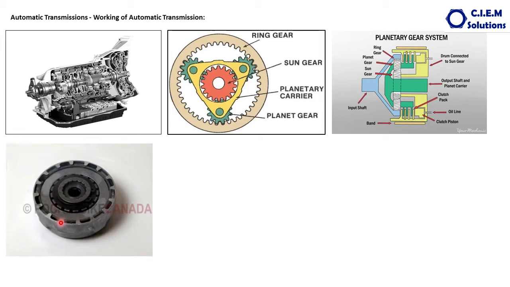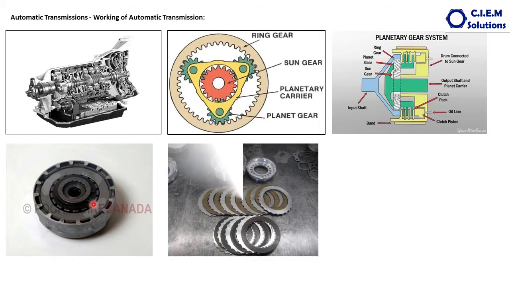This is a unit assembled with the clutch packs, piston and lock ring. You can see when the clutch pack is dismantled, it mainly consists of two types of plates. One is the reaction plate, normally with external teeth, made of steel.